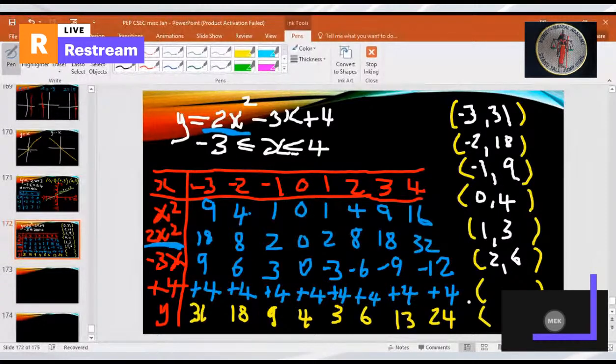And 4 to 24. These are our coordinate pairs. So these are what we're going to plot to get our parabola.